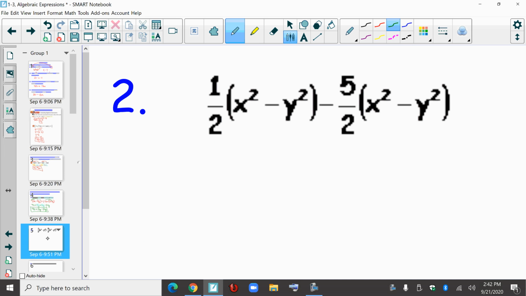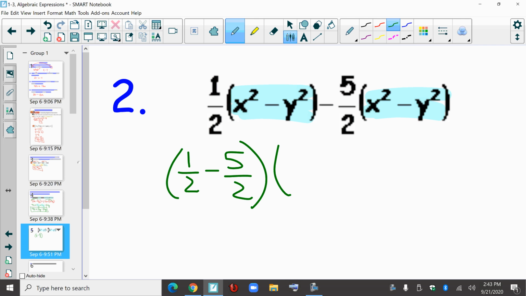Next, 1/2 x squared minus y squared minus 5 over 2 x squared minus y squared. Here's what I need your brain to see. The parentheses are exactly the same, which means all I have to do is add their coefficients that are attached in front of them.